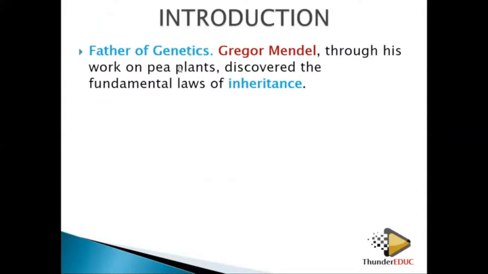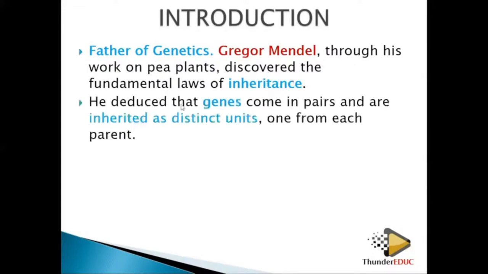Father of genetics. When we talk about the father of genetics, we are talking about Gregor Mendel. He did a lot of work on inheritance, and he discovered a law which we call the law of inheritance. He concluded that genes come in pairs. For example, height is being controlled by two genes. A character like height, size, skin color is controlled by two kinds of genes.